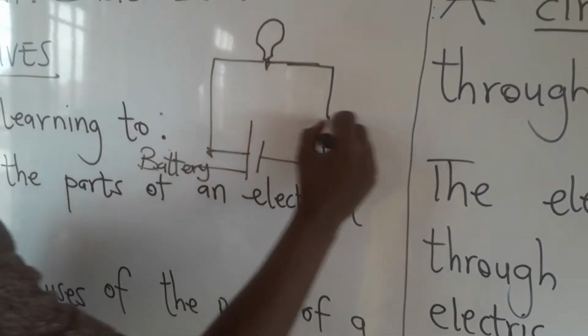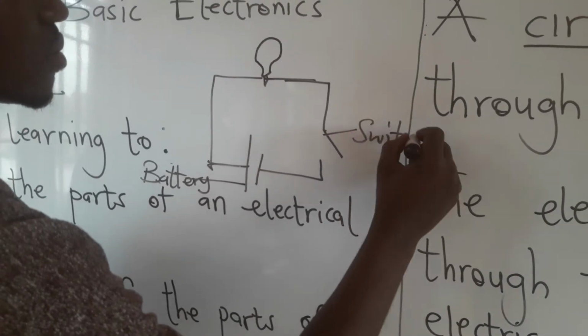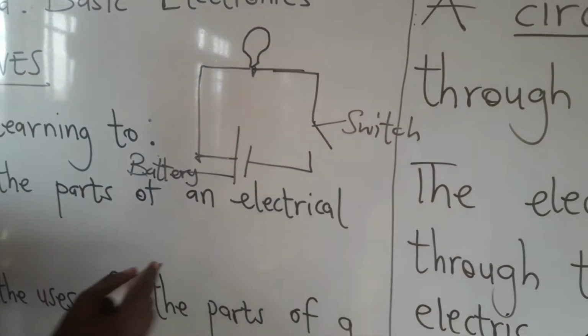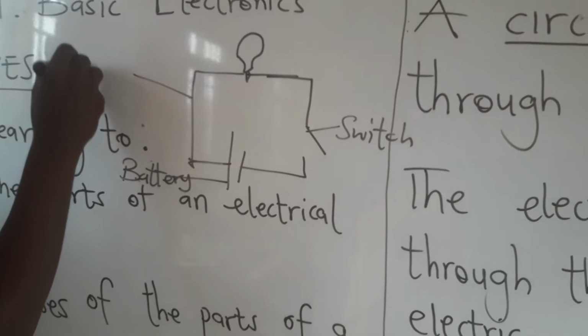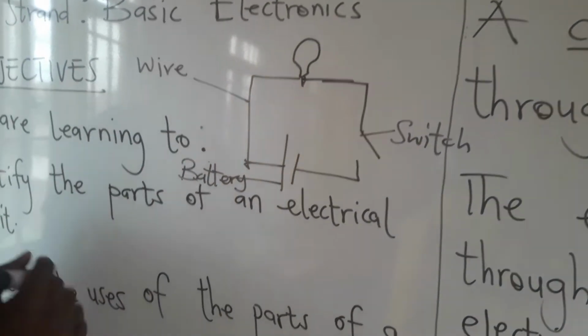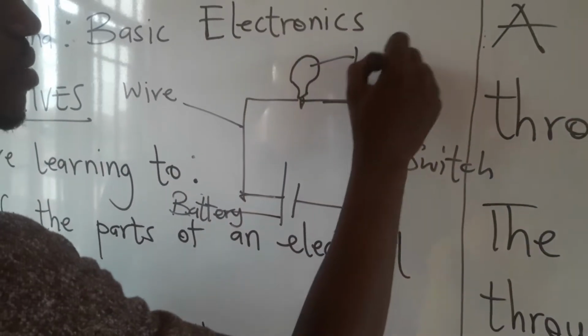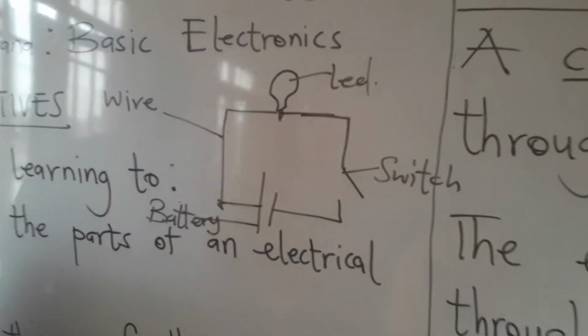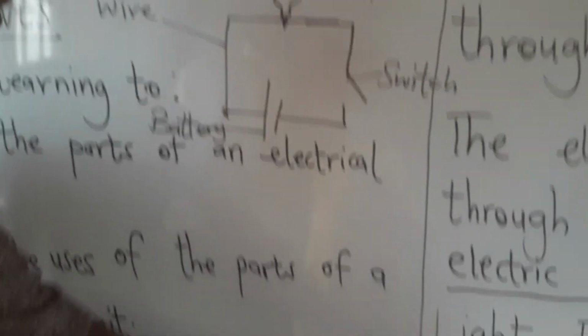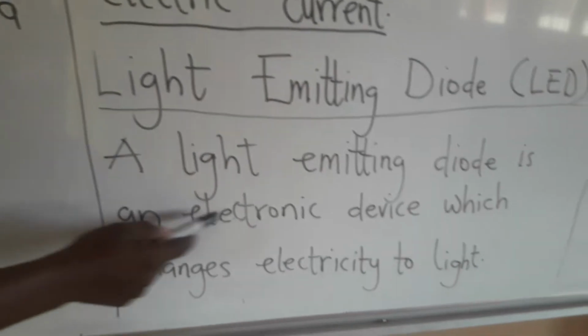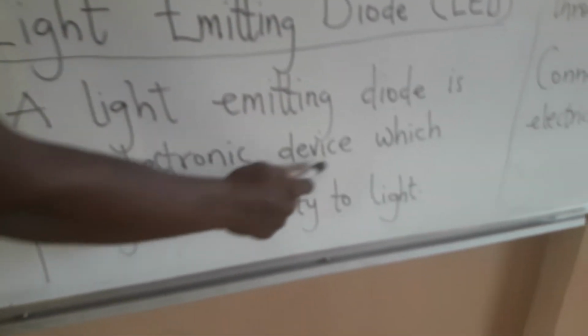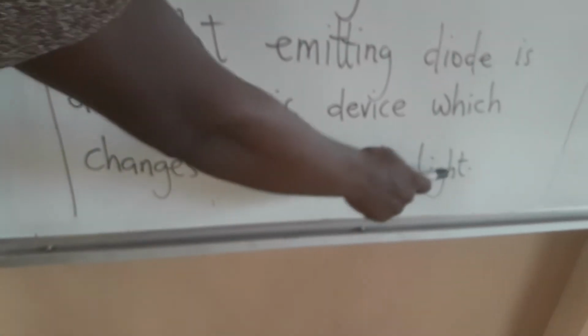This is my switch. This is the wire we used, and then this is the LED. Now we are saying that a light emitting diode is an electronic device which changes electricity to light.